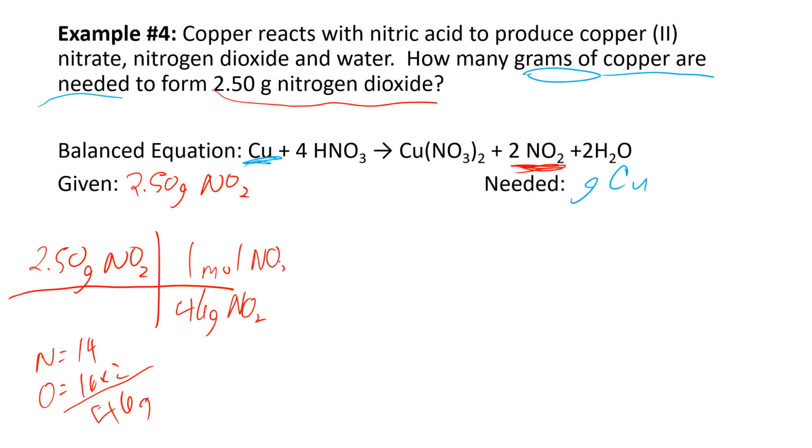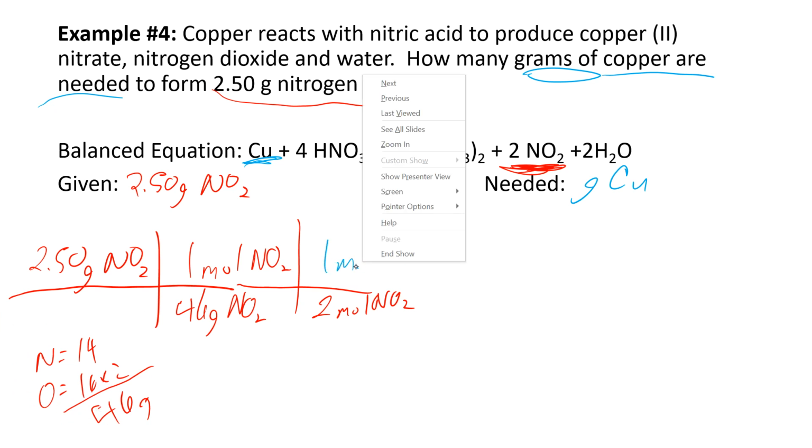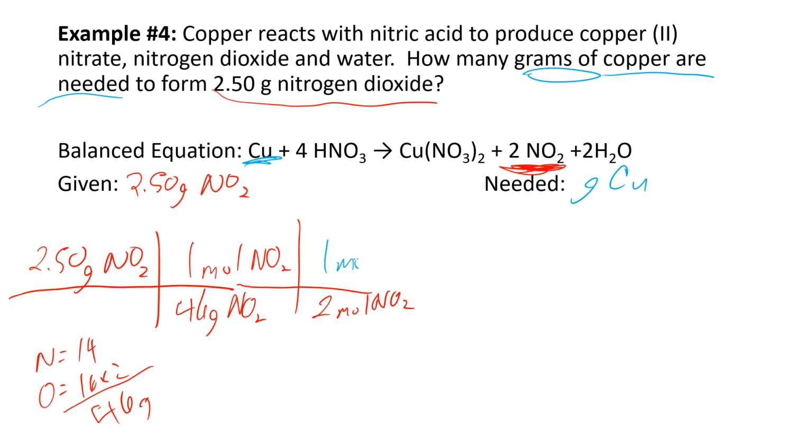So that gets us out of grams, but now we're in moles, so we're going to need to use the balanced equation. So we know there are 2 moles of NO2 for every 1 mole of copper. So that gets us out of moles of NO2 into moles of copper.